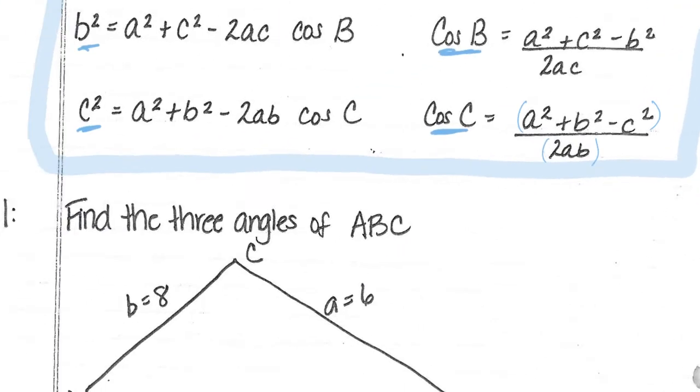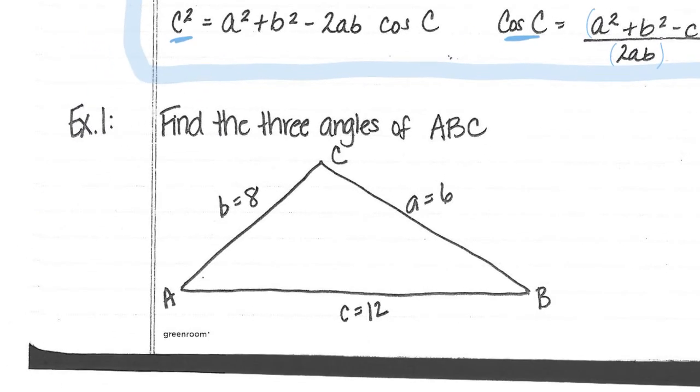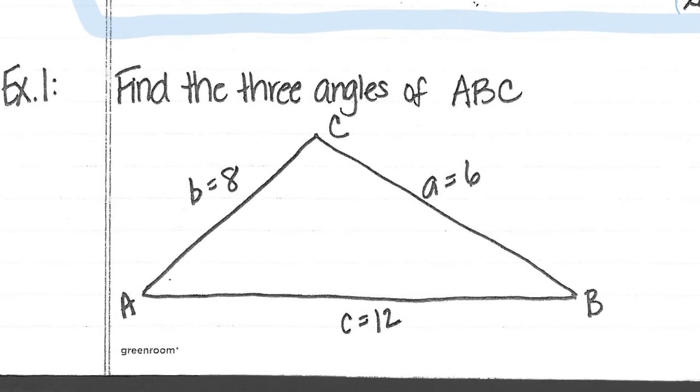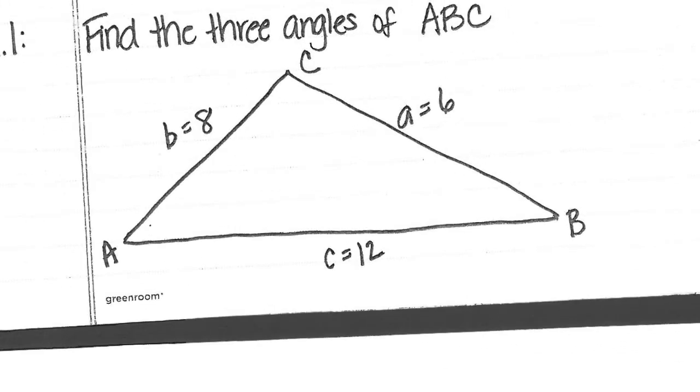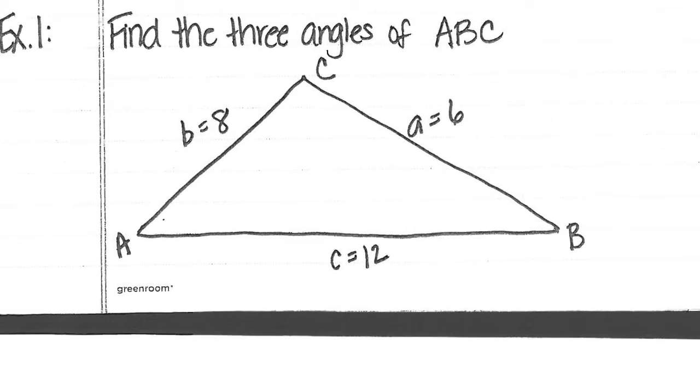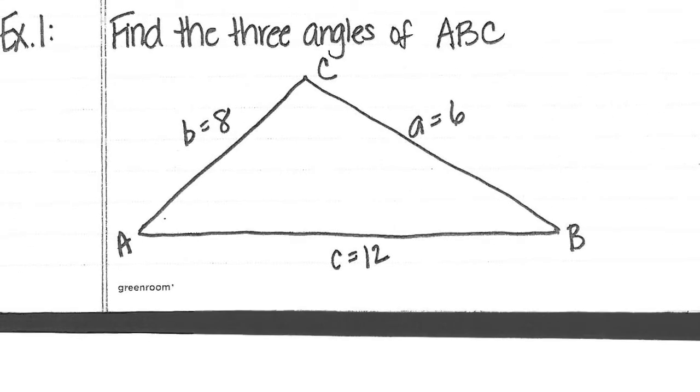So let's go ahead and set this up. Find the three angles of A, B, C. I actually started this one with the cosine of B. I'm just doing notes from what I had before, so I'm going to write them out for you. And because your mean math teacher made you memorize all your squares and cubes, you probably know all this.